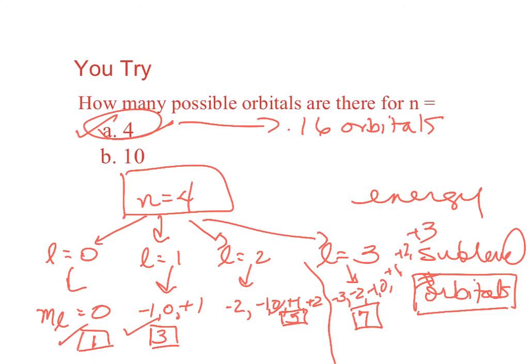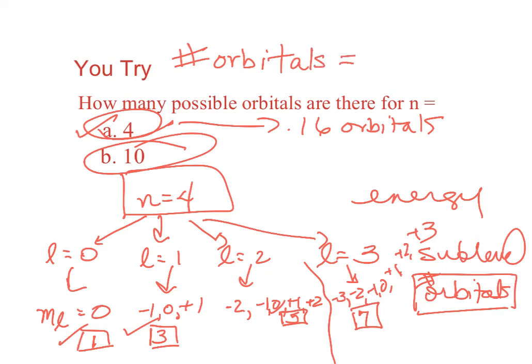All right, that wasn't too bad, but it wasn't really fun. If n equals 10, oh my gosh, that's way too much work filling out the total number of orbitals. So I'm going to give you a massive shortcut. The number of orbitals equals whatever n is squared.